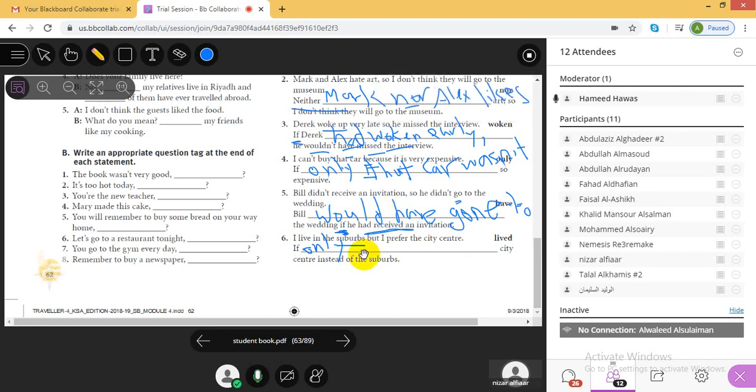Here, we talk about the situation now, not in the past. If only, yes, if only I lived, very good. If only I lived in the city center, instead of the suburbs. Is it okay, guys?